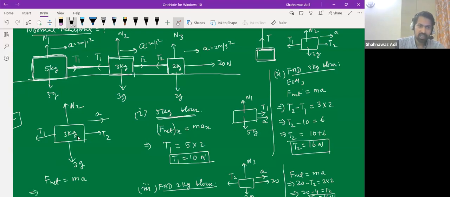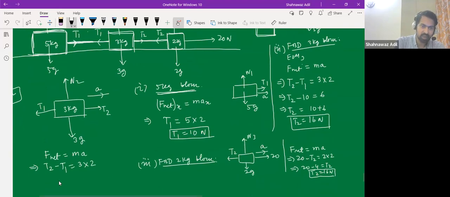F net in the acceleration direction is T2, so T2 is positive and T1 is in the opposite direction, so its sign is negative. The mass is 3 and the acceleration you calculated is 2.